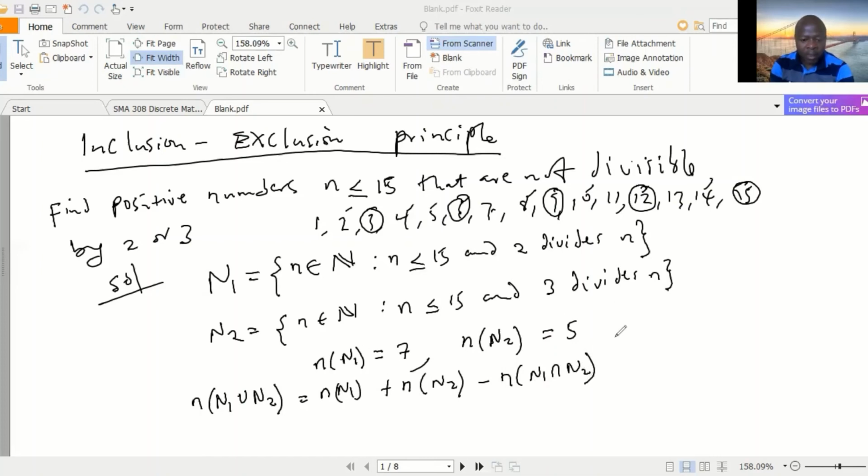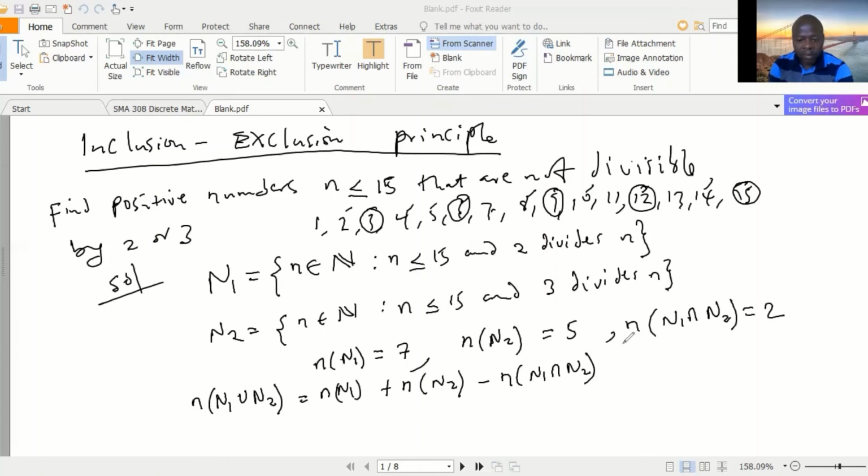I want to show you how to get the intersection. I just multiply 2 and 3 and I get 6. 6 divided into 15, and 6 would go there 2 times.